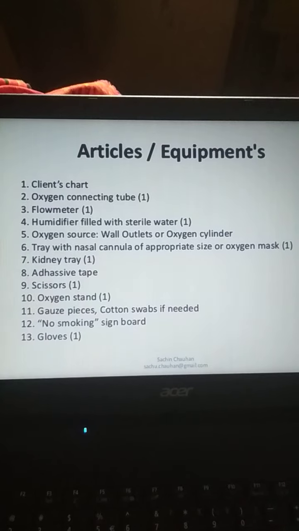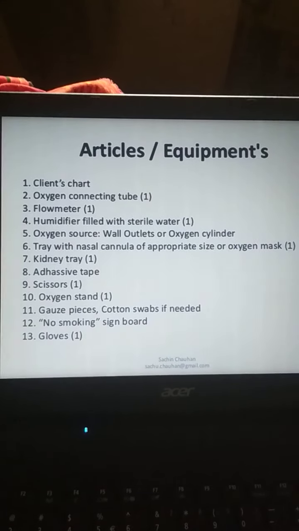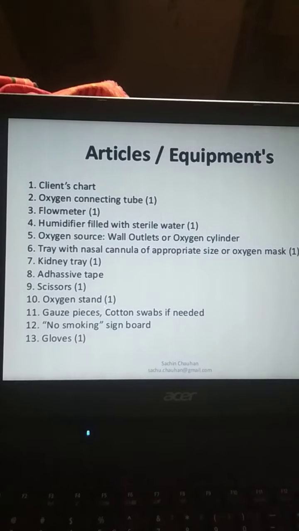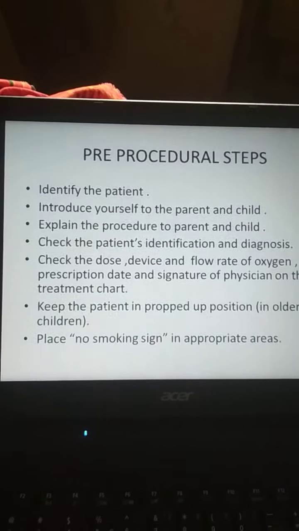No smoking board is mandatory to prevent fire. Then gloves to maintain sterility or to prevent infection.